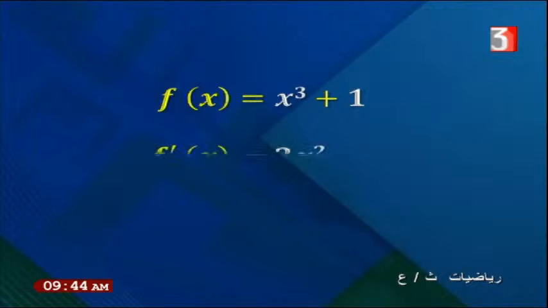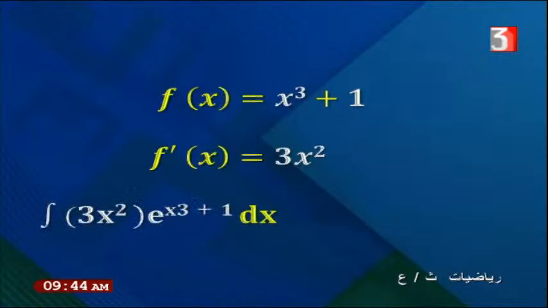The derivative of the power, f dash x, equals 3x power 2. And we have the integration of 3x power 2 multiply e power x power 3 plus 1. Then the integration of this function equals e to the power x power 3 plus 1 plus the constant c.